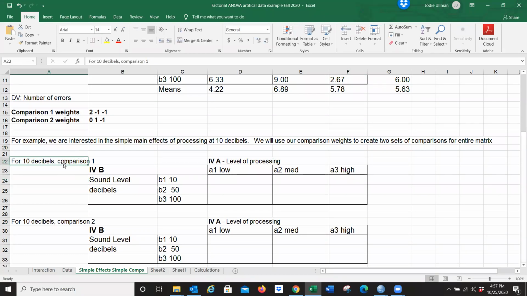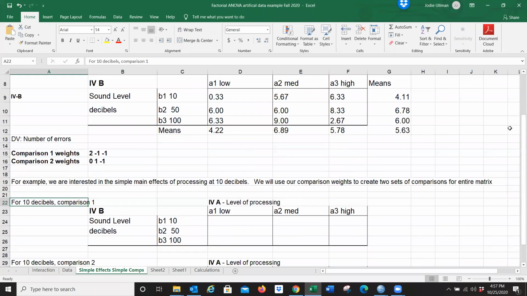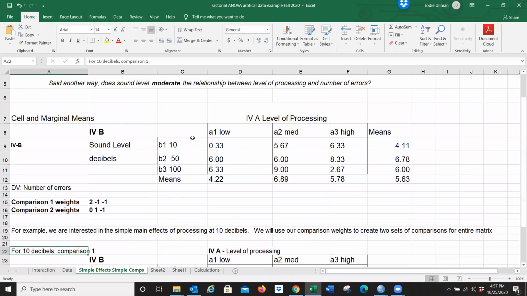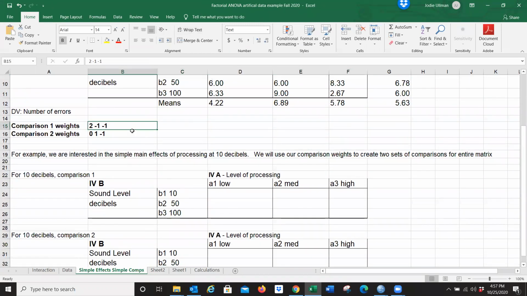Okay, so 10 decibels. We want to do this simple main effect of level of processing for people who hear a sound level of 10 decibels. So we want to use this comparison and only these people. So we just put that in.